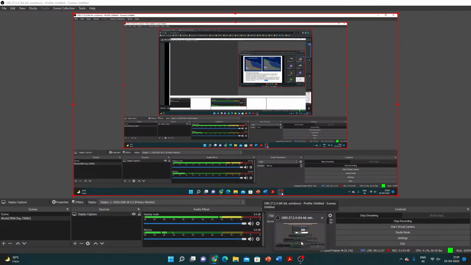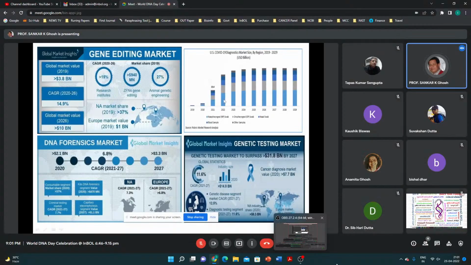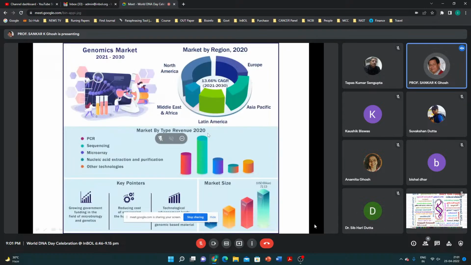And now the COVID market, you see, COVID will not go. US companies project that the cost, from right now, 2021, 22, will be increased and plateau in that way even in 2029 in the area of genomics. So the market in the near future is very high.